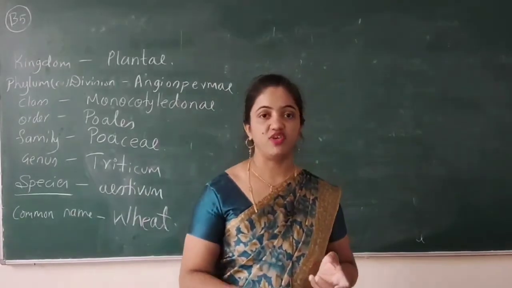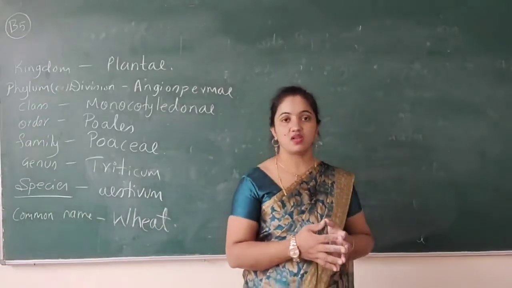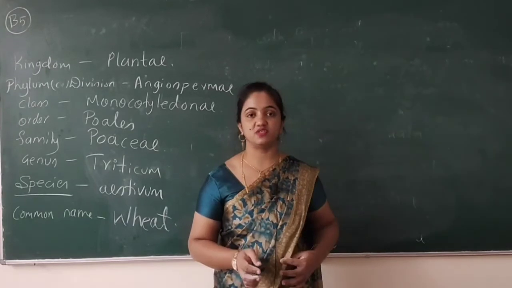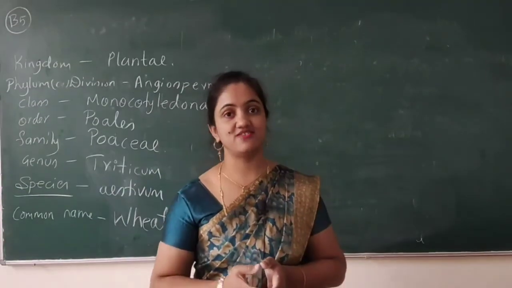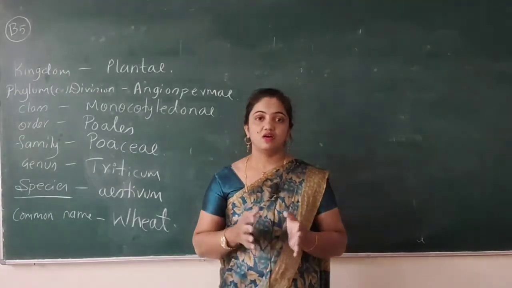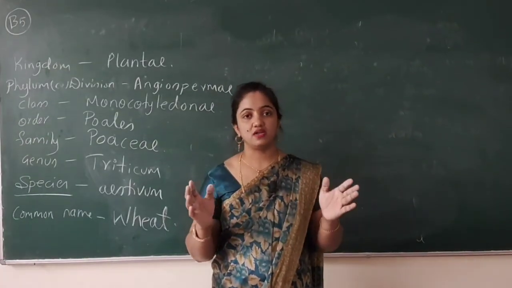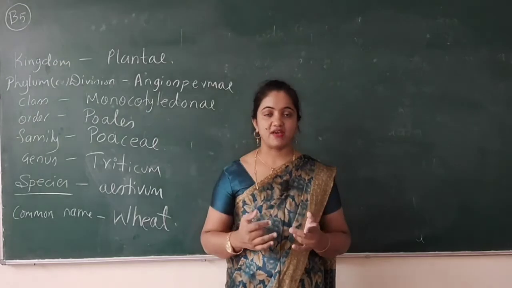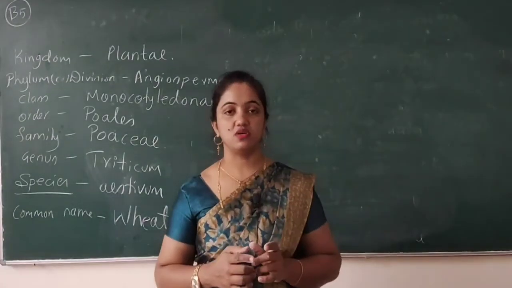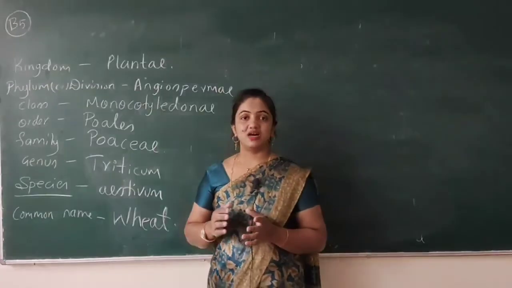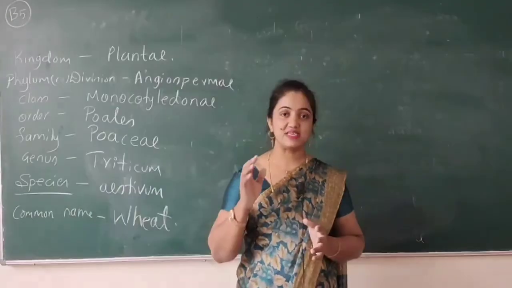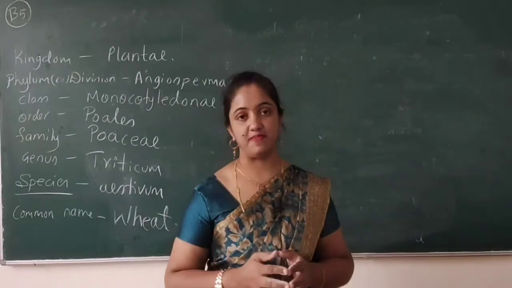With this we have studied the class, phylum or division, and kingdom. How many kingdoms are there, my dear students? 5 kingdoms are there. Of those 5 kingdoms, we have only learned about 2 kingdoms, Plantae and Animalia. The other kingdoms we'll see in the second chapter.